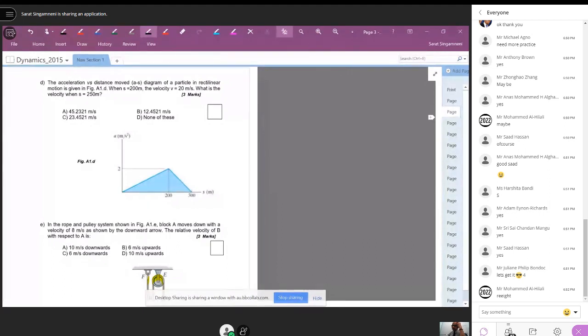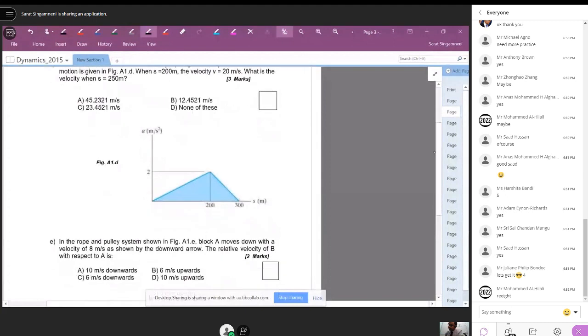What is the velocity when s equal to 250 meters? What you need to do, as I told in the class already, at 250, you draw a line. This is acceleration, call this a. This is displacement, call this s.